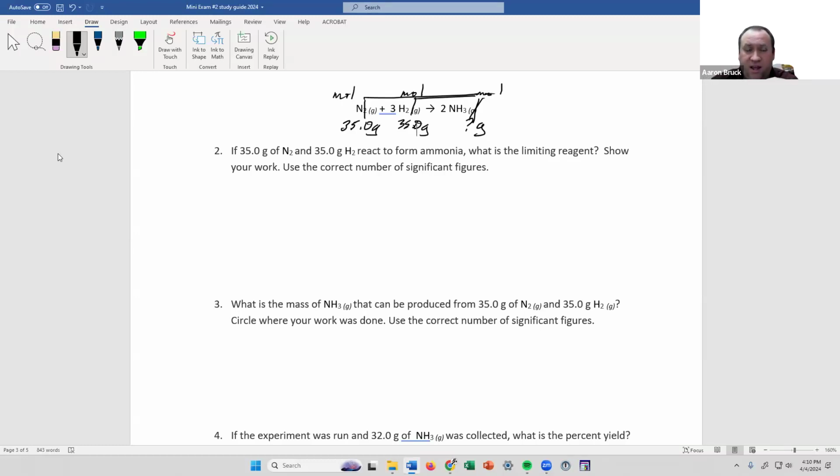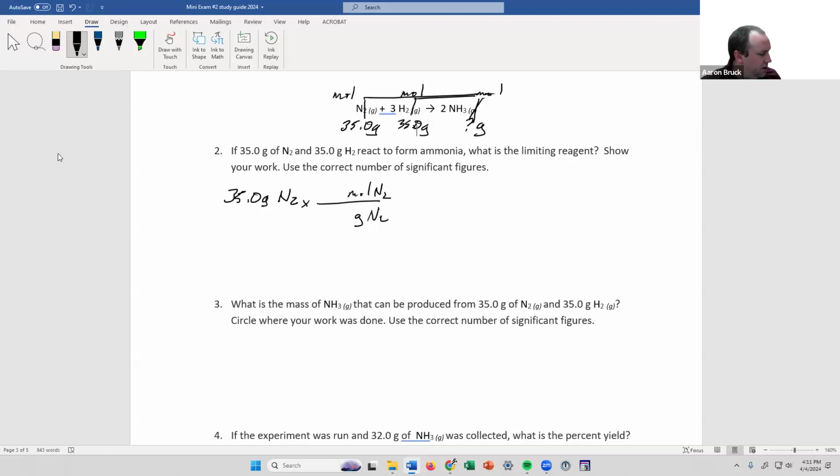So we're going to do the same stoichiometry process for both of them. Let's start with the 35.0 grams of nitrogen. My first step is to turn the grams of nitrogen into moles of nitrogen. For that, it's a molar mass.